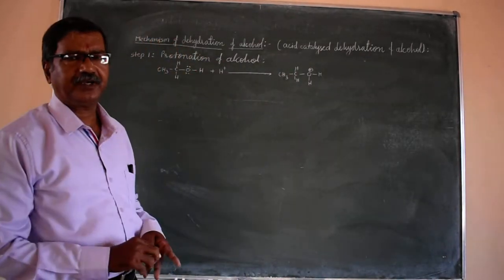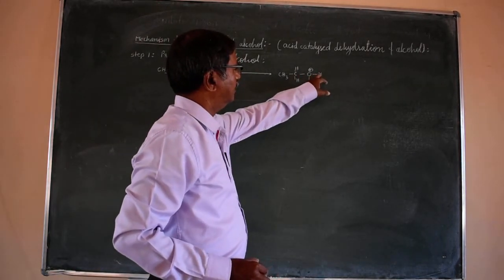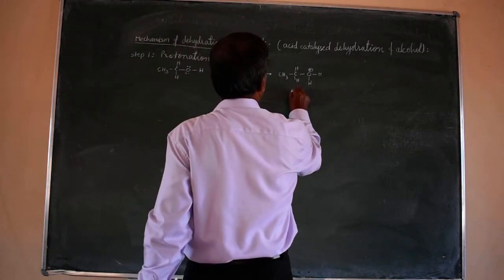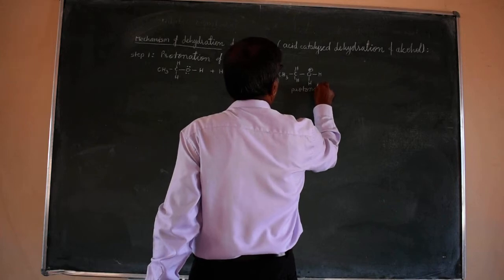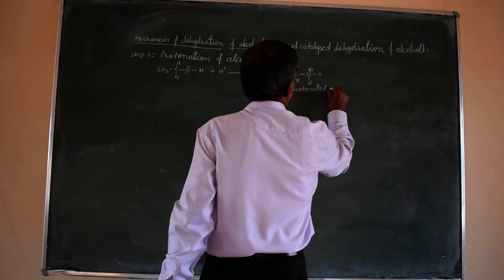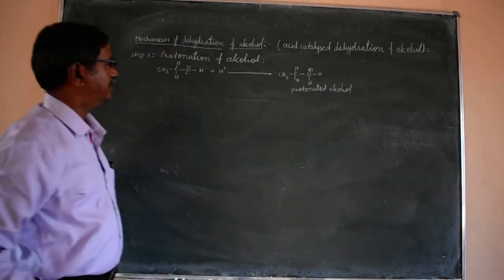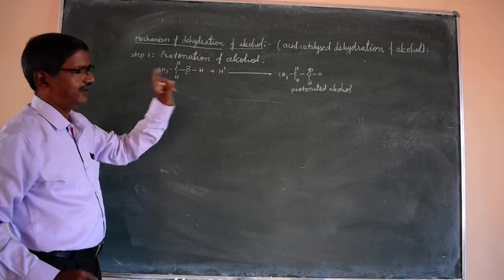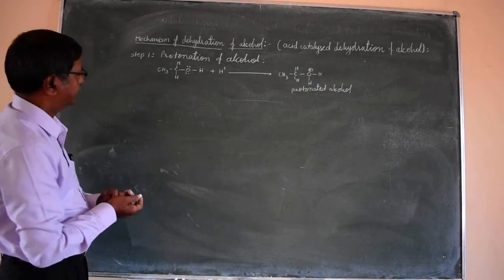So here the positive charge is on the oxygen atom. It is called protonated alcohol. Well, no need to write protonated alcohol in the examination. You have to show the formation of this protonated alcohol from ethanol, but the equation is sufficient.